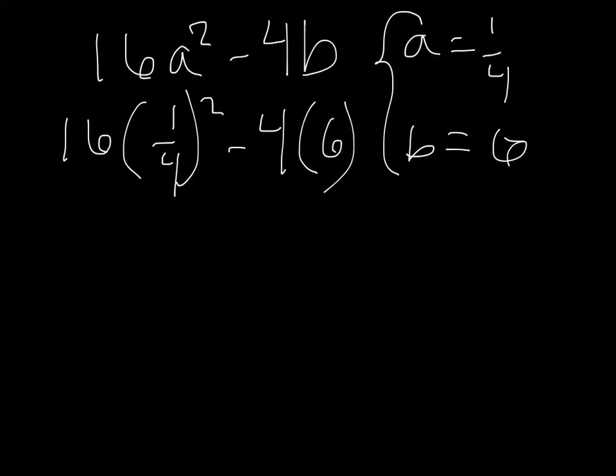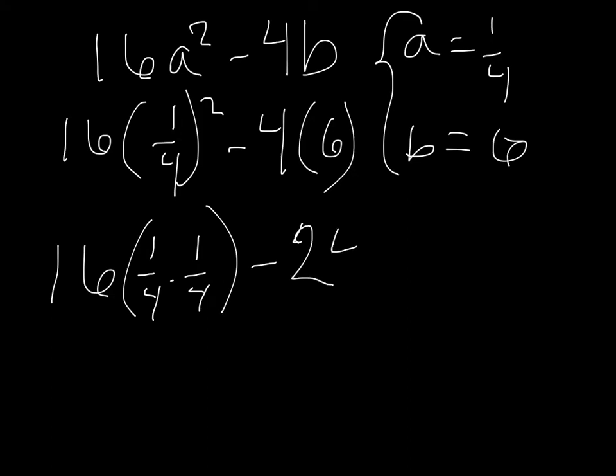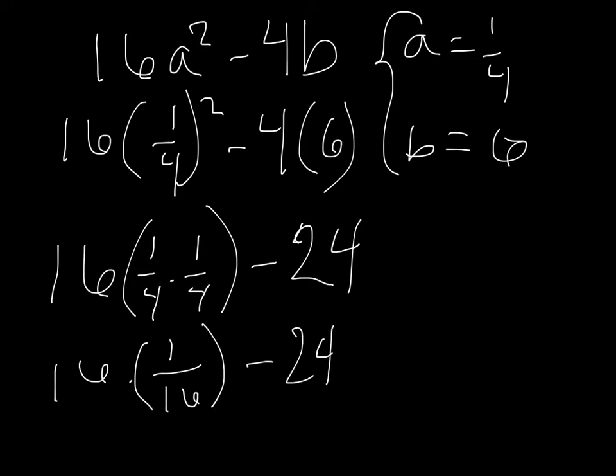We just plugged in 1/4 for a and 6 for b. So 16 times (1/4) squared. This is like 1/4 times 1/4. Minus 4 times 6, which is 24. So we have 16 times, well, 1 times 1 is 1, 4 times 4 is 16, minus 24.